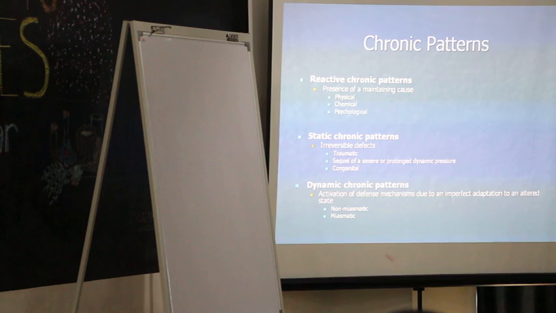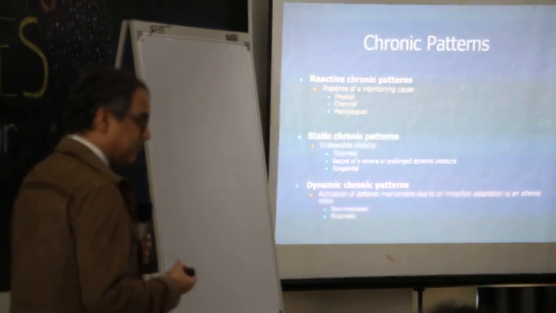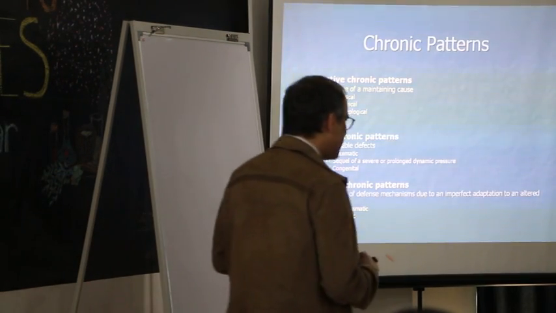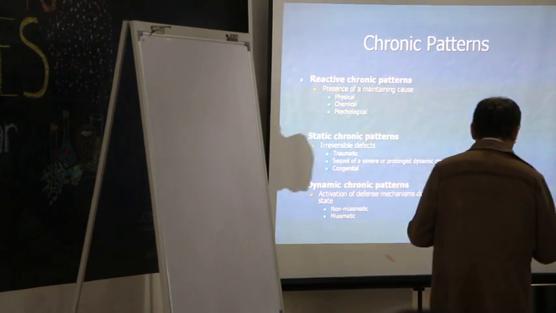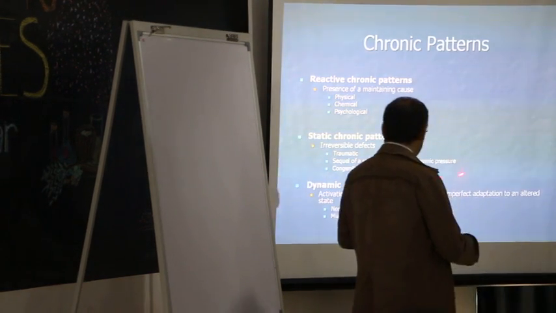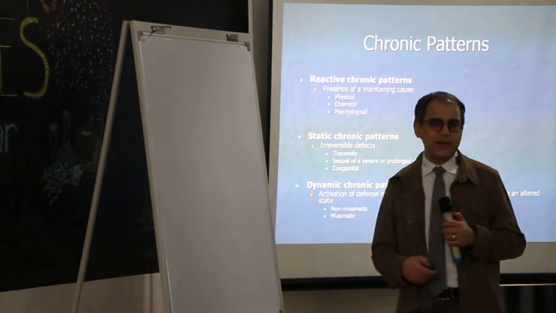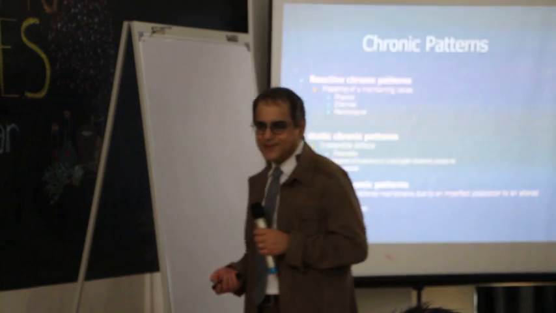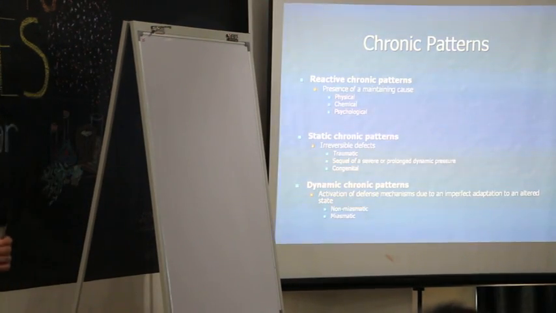Because in the thyroid gland, there is a possibility for regeneration, for making new thyroid tissue. But this is not the case in many static conditions following the dynamic stresses.